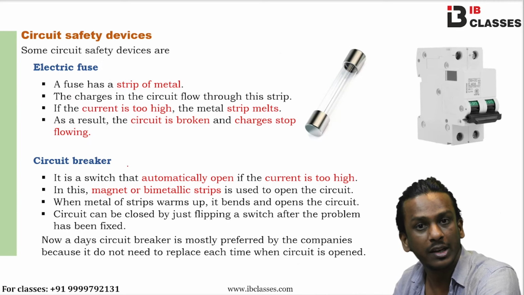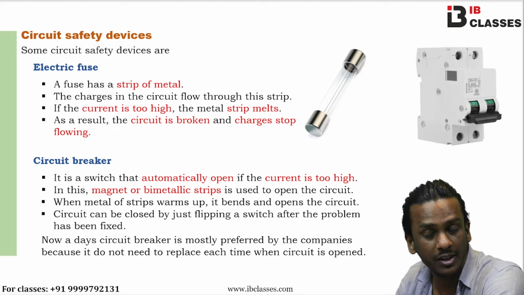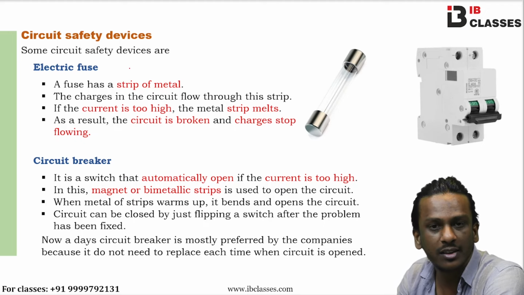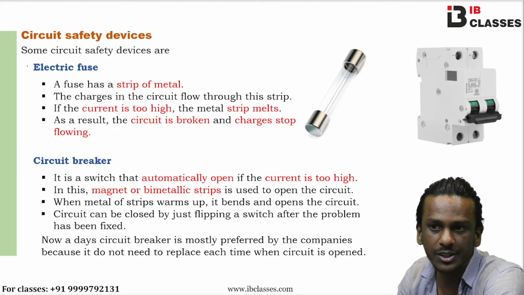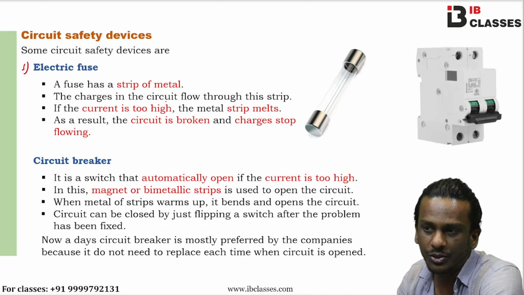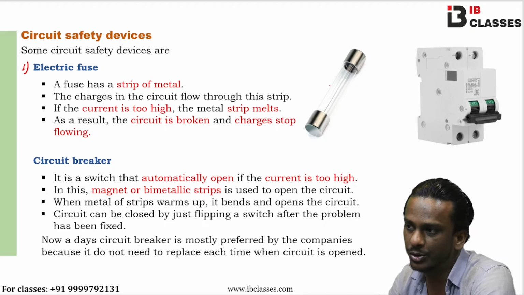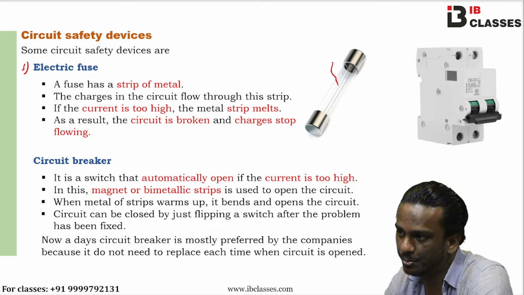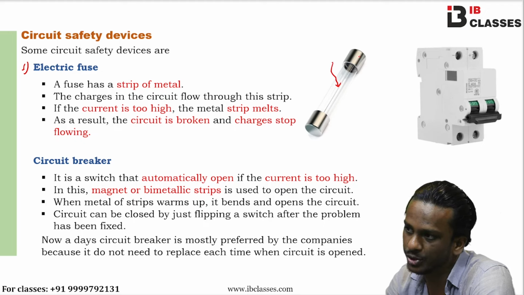And now the last one is the circuit safety devices. There are two circuit safety devices given. The first one is the electric fuse. What is the electric fuse? A fuse has a strip of metal. As you can look here, there is a strip of metal connected at both ends of this.